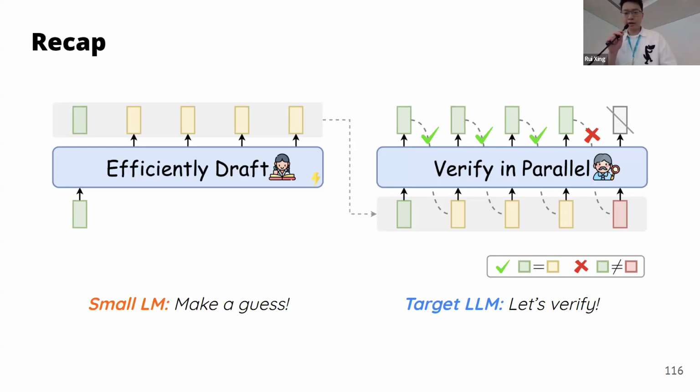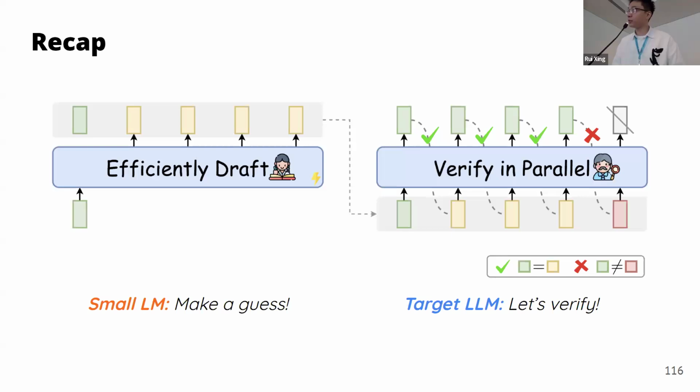Okay, first let's recap the basic paradigm of speculative decoding. The entire inference process of speculative decoding involves the collaboration of two models: the draft model, which is efficient and small, and the target large language model, which is the model that we would like to accelerate.